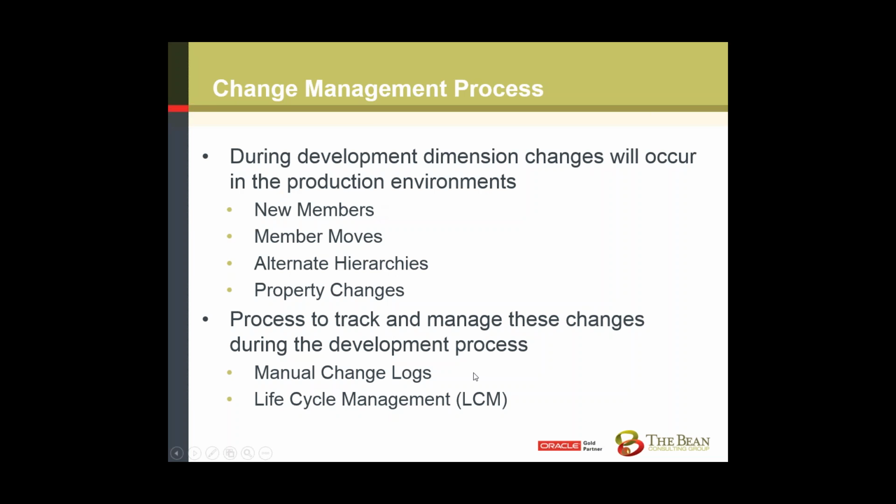So we had a manual change log where for every dimension, they would identify what the change was. They added a new member, they moved a member from this branch to that branch, they updated the data storage property from A to B or whatever. So we had a log in Excel for each dimension where we would track any changes that they made.